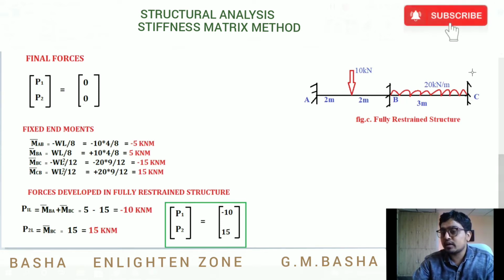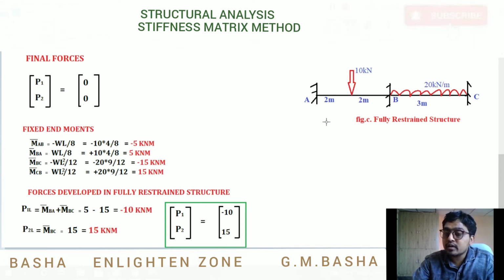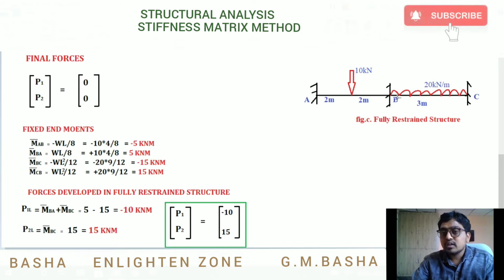And we are not taking MAB here because we are not selecting A as our coordinate position, so we are not taking joint A for P1L and P2L. Only two coordinates are selected here, and based on these coordinate positions you will get P1L and P2L.